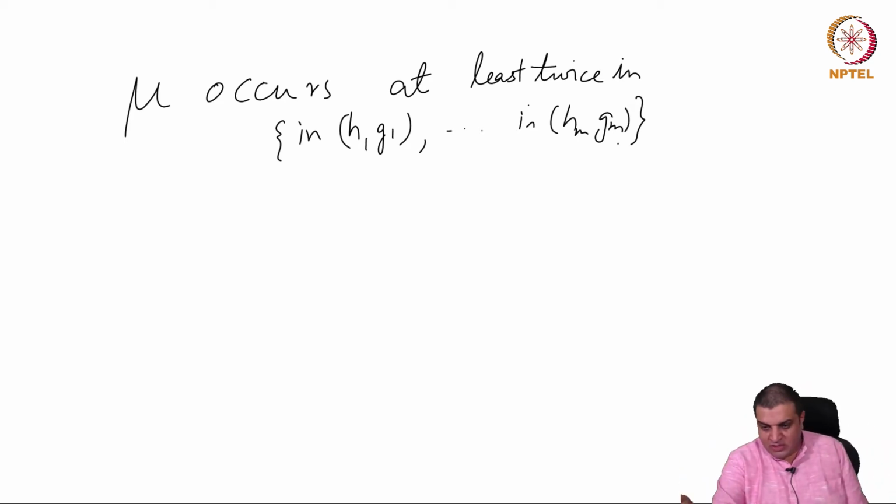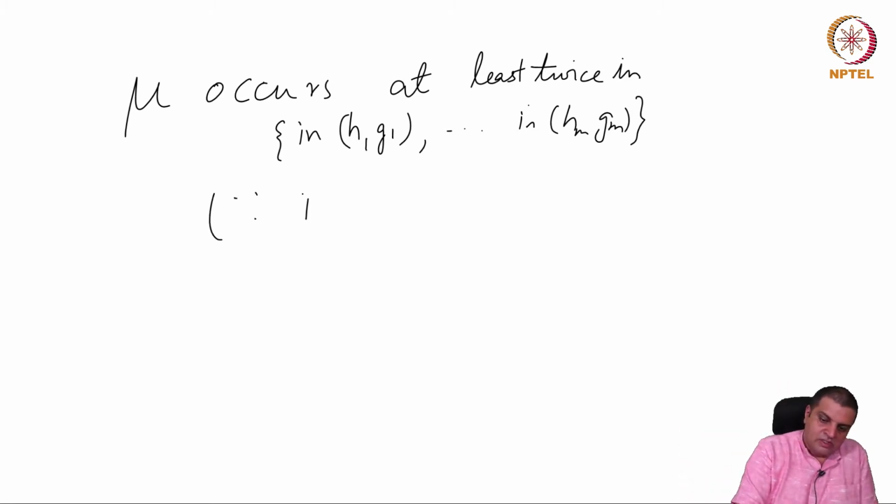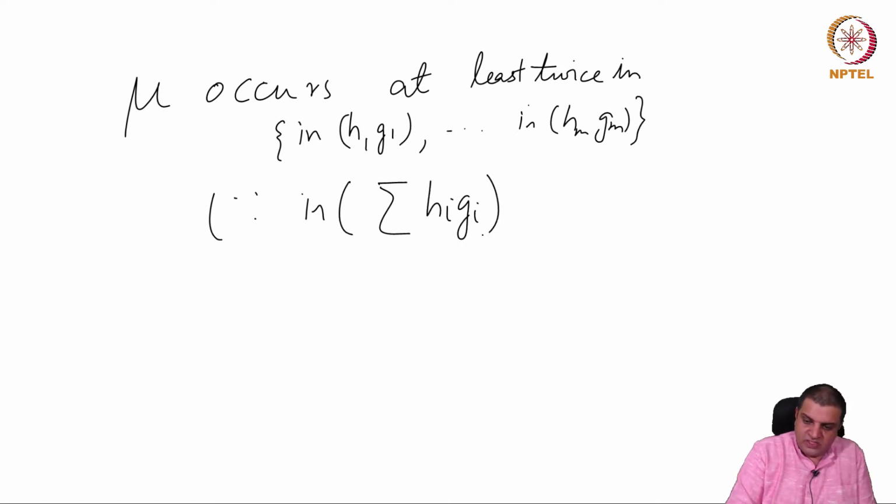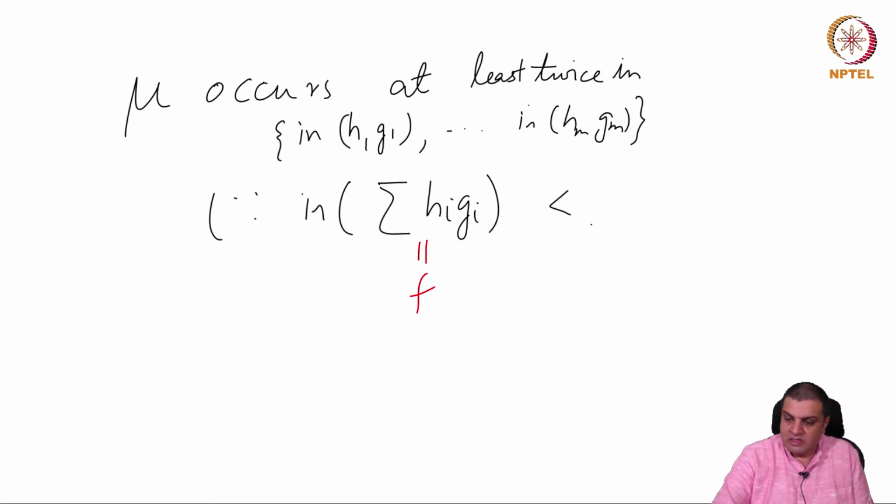If it appeared only once, let's say only for H1G1, then the initial term of H1G1 is mu and everything else is smaller, which means the sum will have initial term mu. That would be the initial term of F also, but we know that is not true, since the initial term of the sum of HIGI, which is F, is less than mu.